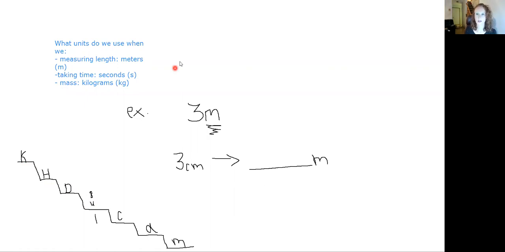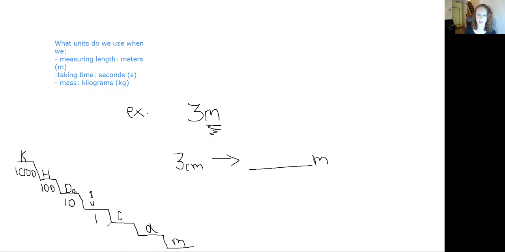Real quick, a kilo is 1,000. A hecto is 100. A deca, sometimes it's a D, it's a DA, some people use different ones because you have deci as well, is 10.